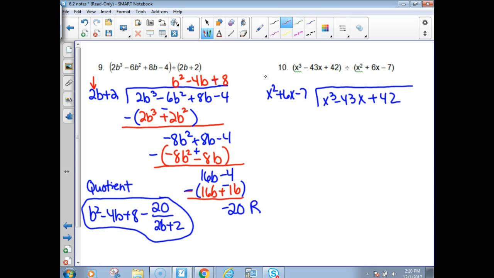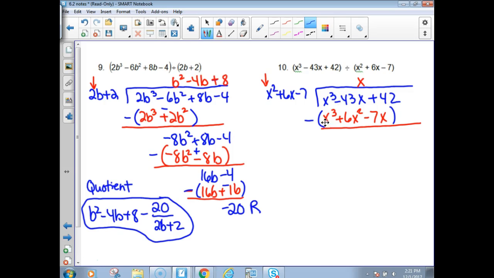All we need to look at is the x squared to decide what to do first. x cubed divided by x squared is just x. x times x squared would be x cubed, and then x times 6x is going to be plus 6x squared. x times minus 7 is minus 7x. And then we have to subtract.